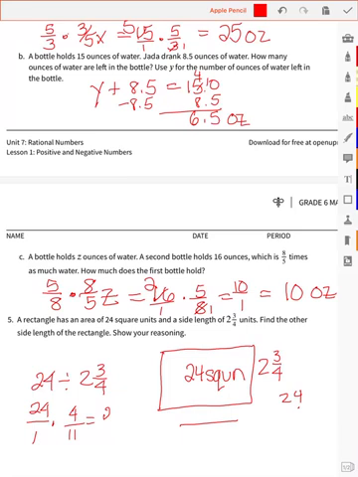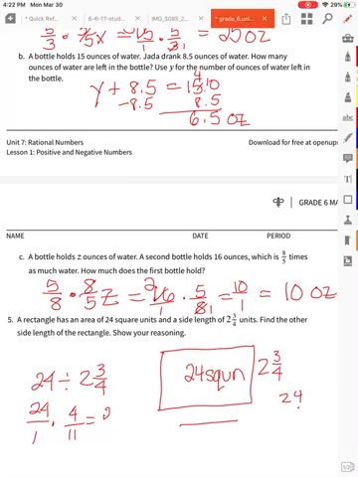Alright, so 24 divided by 11/4. 24 times 4 11ths, which is 96 11ths. My pencil died. So final answer is 8 8/11ths.